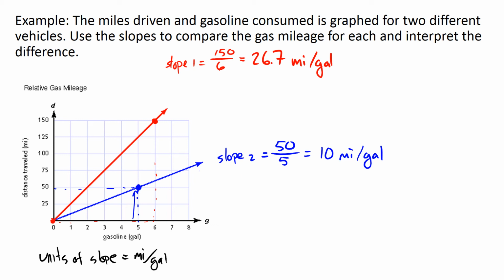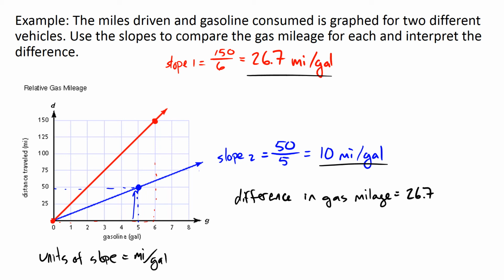So now what we're going to do is use these slopes to compare the gas mileage. And so we can see that this vehicle from the red line is way more fuel efficient than the vehicle from the blue line. In fact, we calculate the difference in gas mileage is equal to 26.7 minus 10, or 16.7 miles per liter.